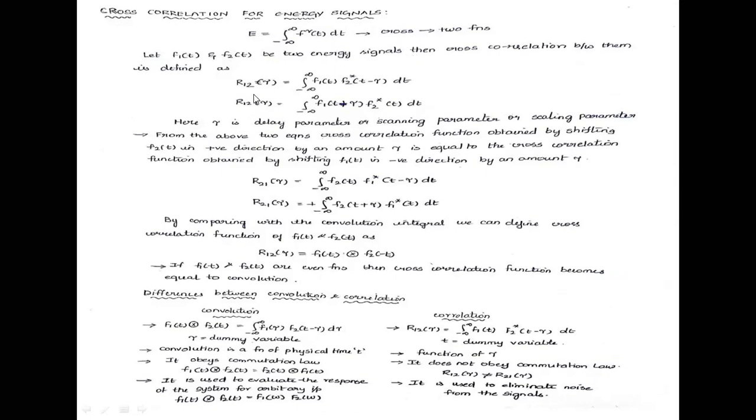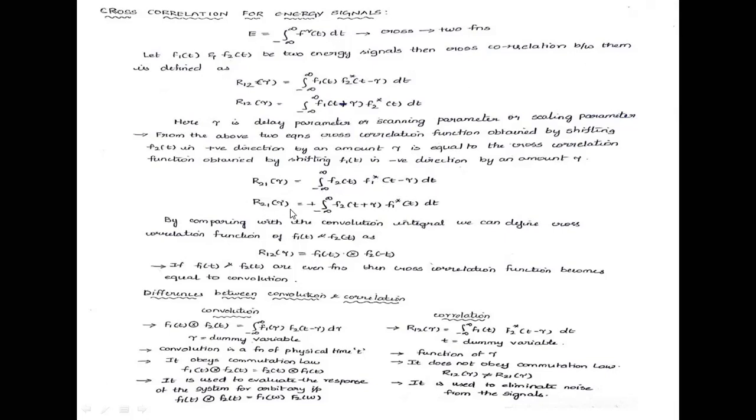Cross correlation of energy signals: R12 of tau is the integral of f1 of t and f2 star of t minus tau dt. For negative values of tau, the direction is positive in one case and negative in the other, my dear students. Now interchanging the functions, R21 of tau is the integral from minus infinity of f2 of t, f1 star of t minus tau dt.